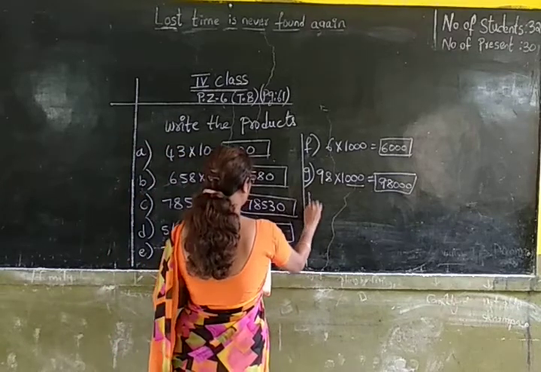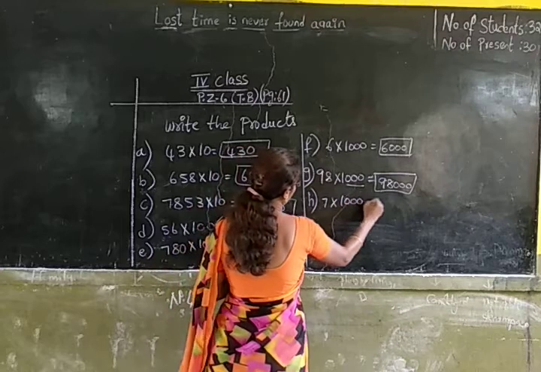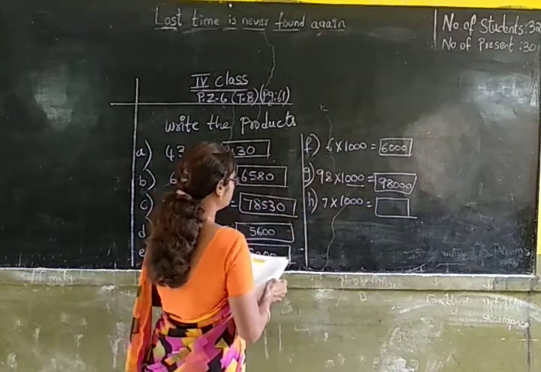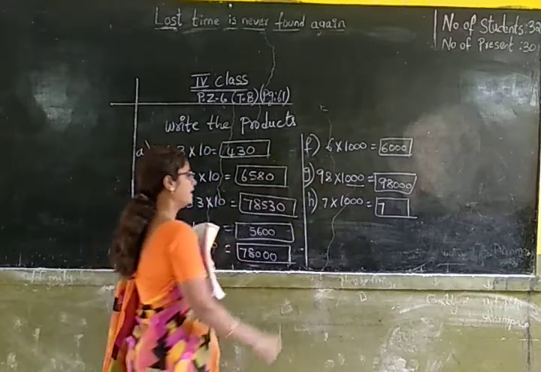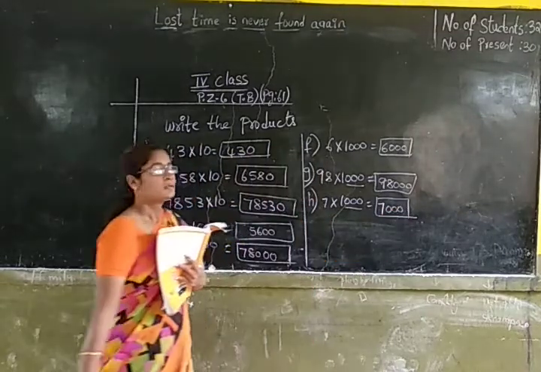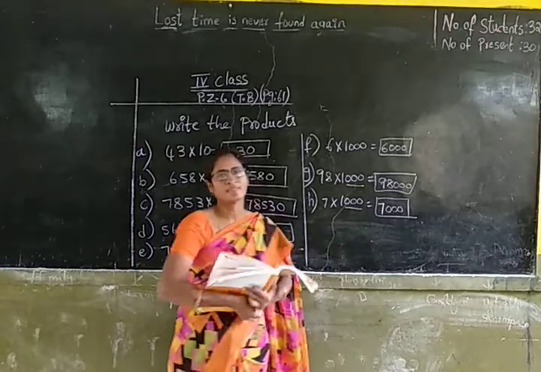Similarly, H sum. 7 into 1000. Here, first you write the multiplicand which is 7 and you have to place 3 zeros after 7 because 1000 is having 3 zeros. So you get the product as 7000.